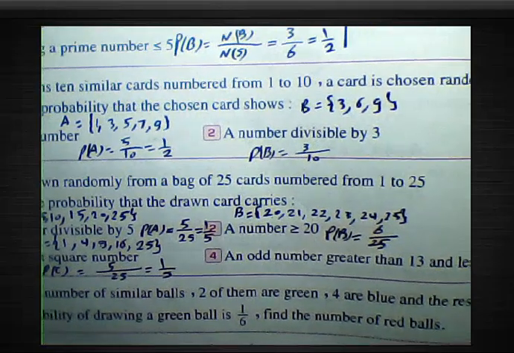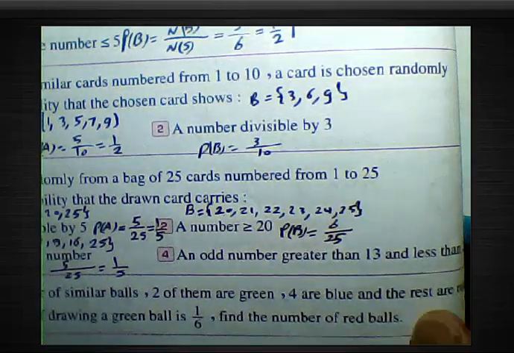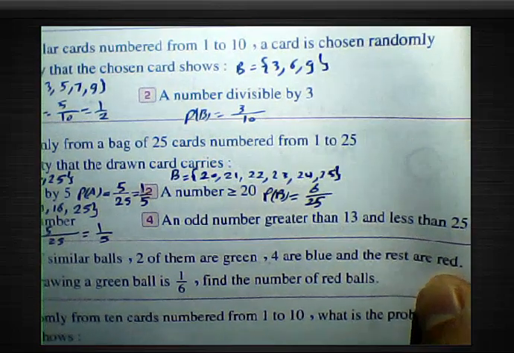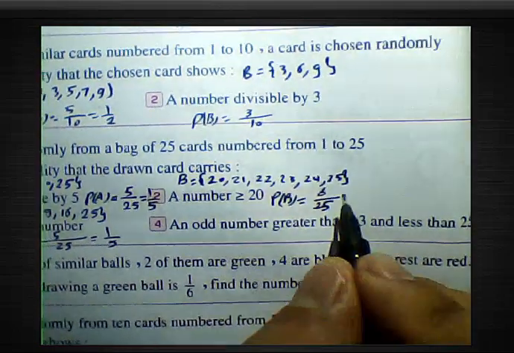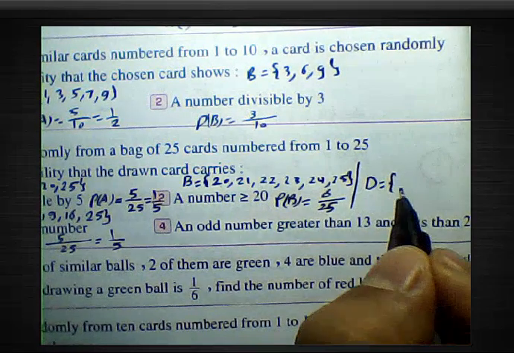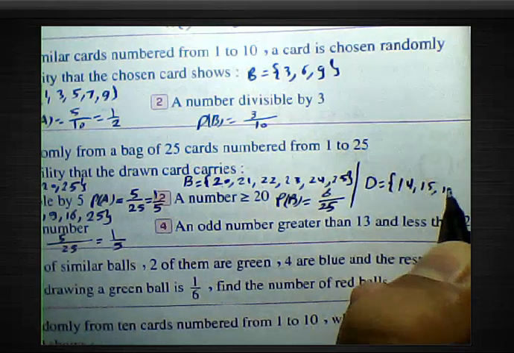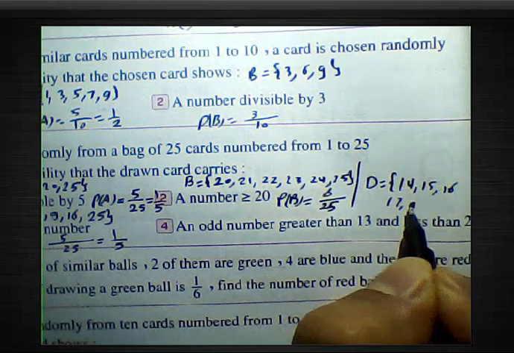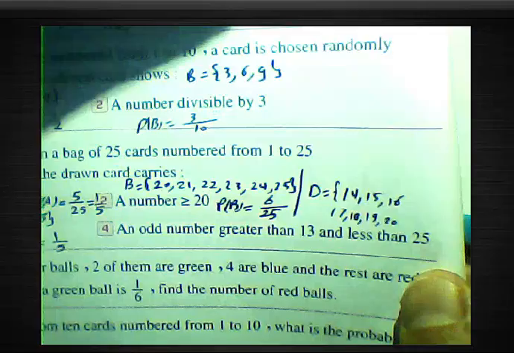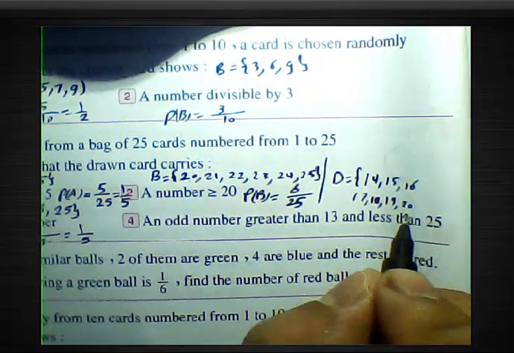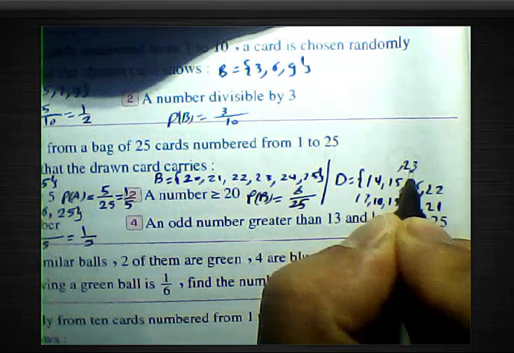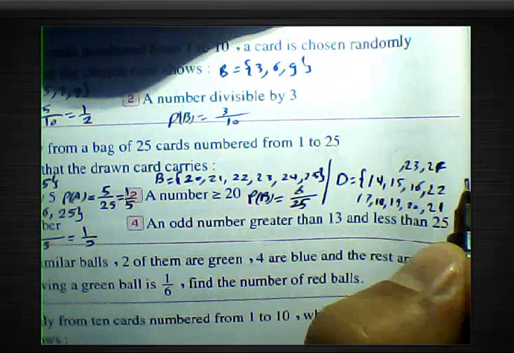An odd number greater than 13 and less than 25. We can write this event as D. Write 14, 15, 16, 17, 18, 19, 20, 21, 22, 23, 24.